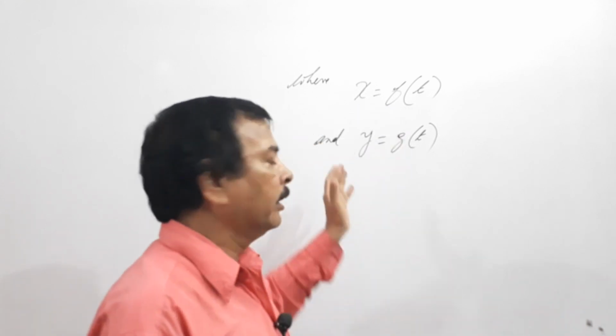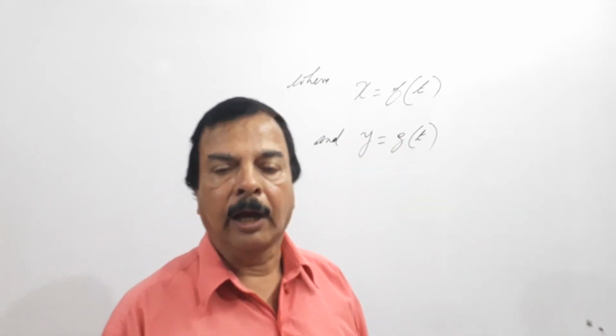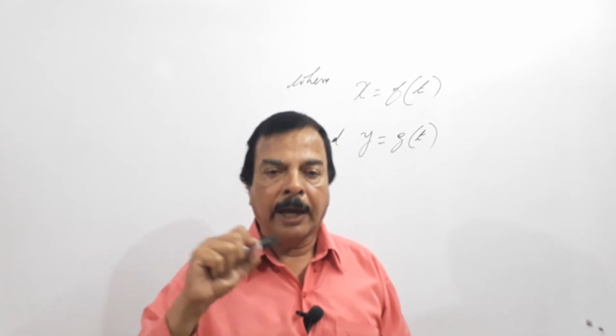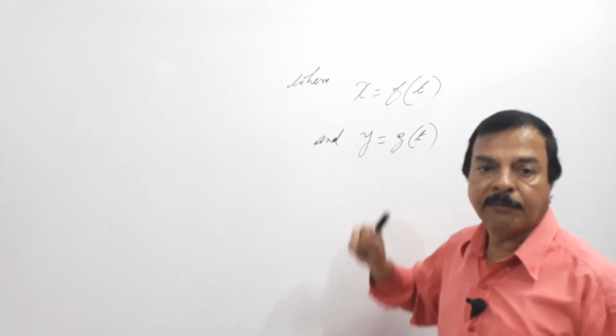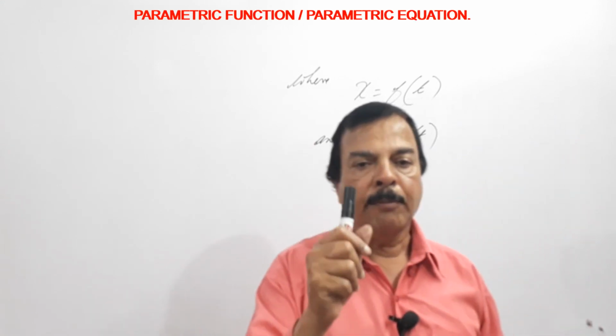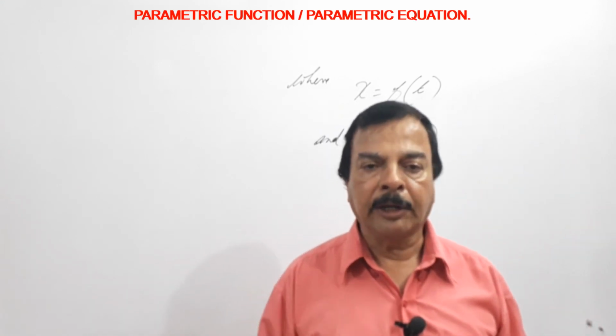So what do you find here? If x and y are expressed as a function of another variable t, such a function is called a parametric function or a parametric equation.